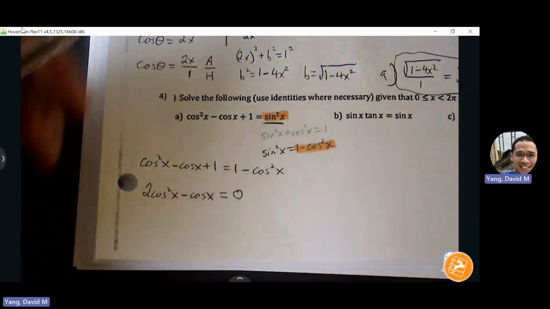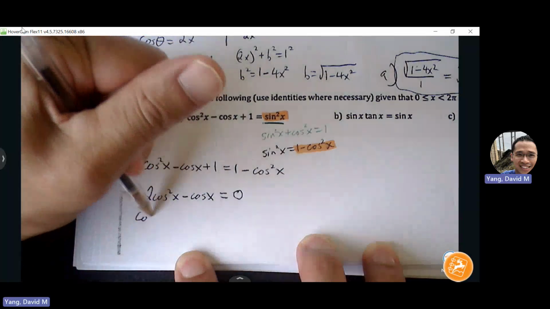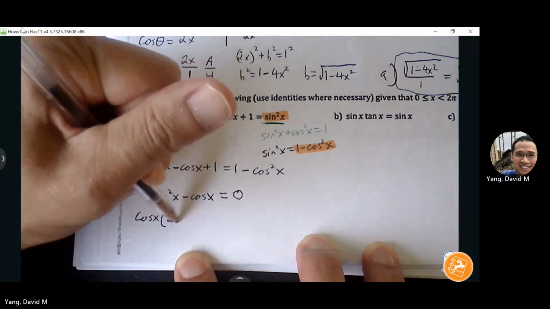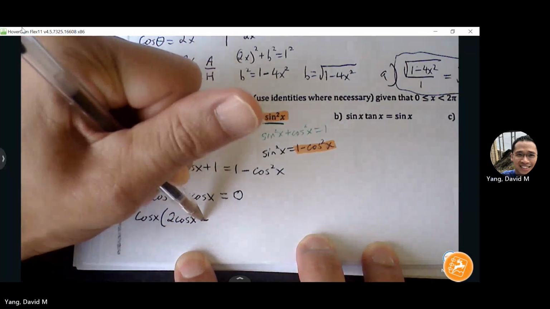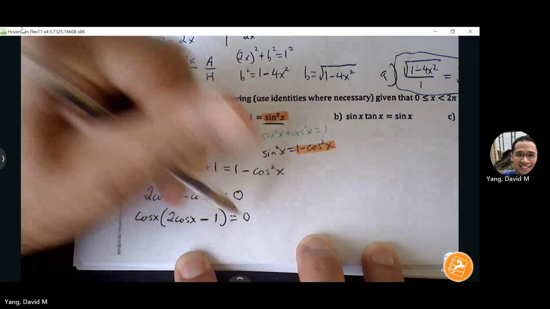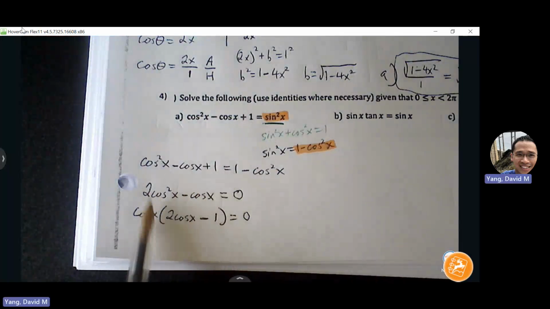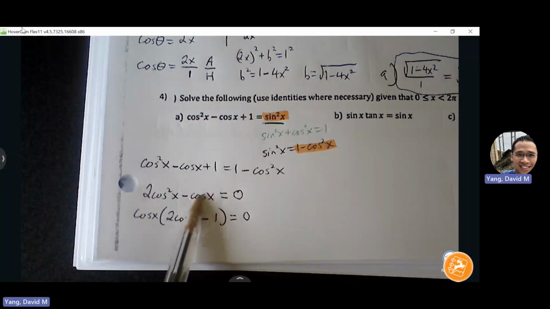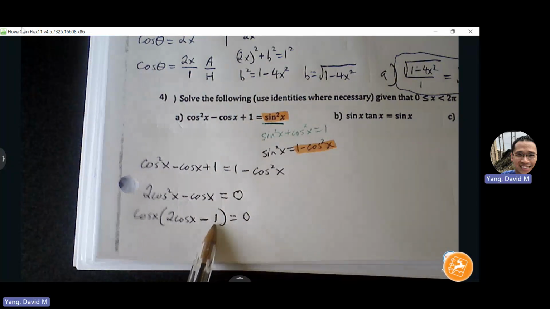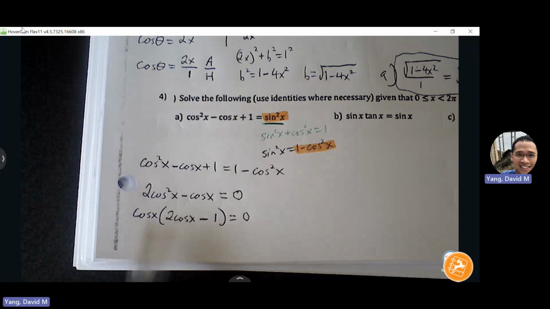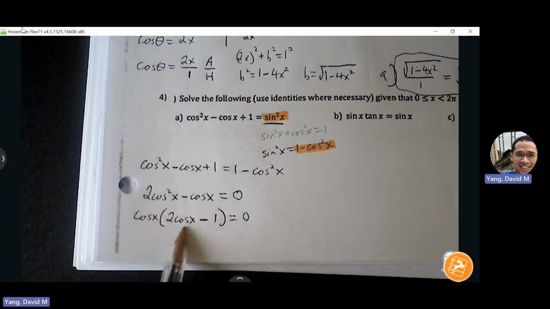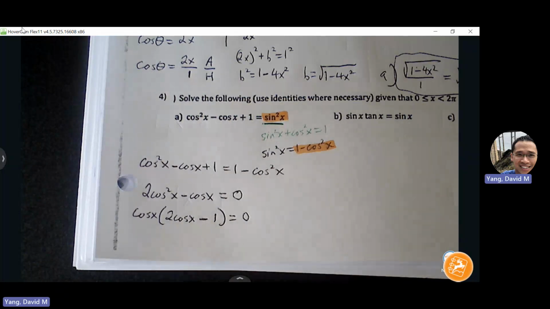So what's the GCF here? Cosine x. Now, if you factor cosine x out, that doesn't become a 0. There's still a 1 there, right? You still have a 1 left over. So now that 0 is fine. We can set both equal to 0 and solve for x and use unit circle values to solve for x.